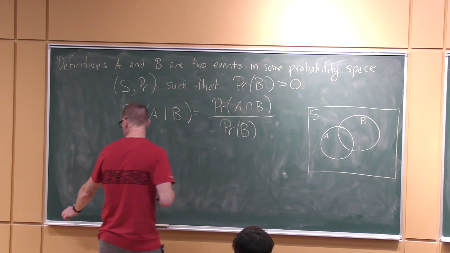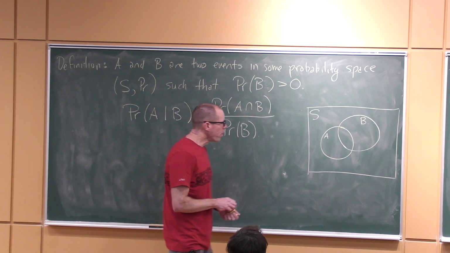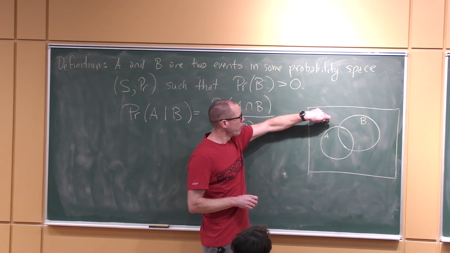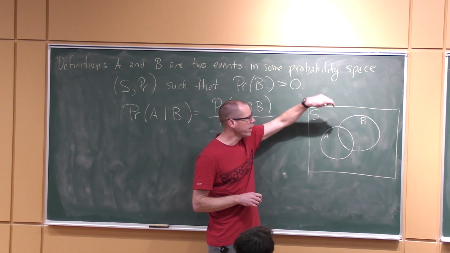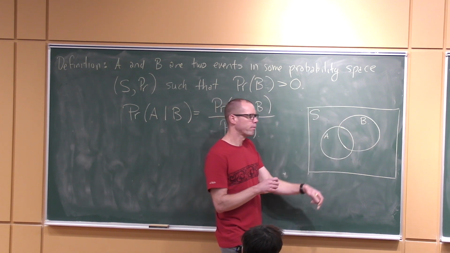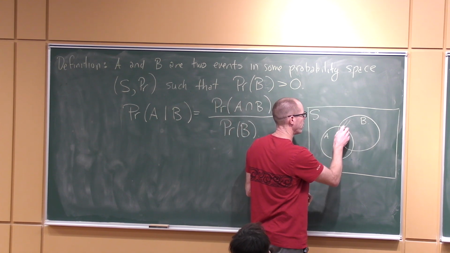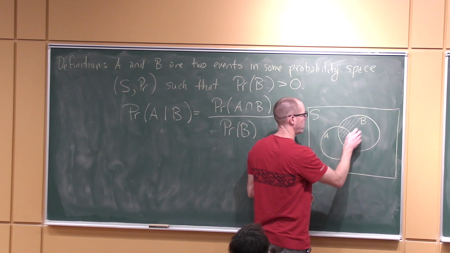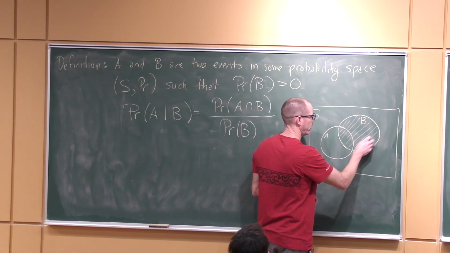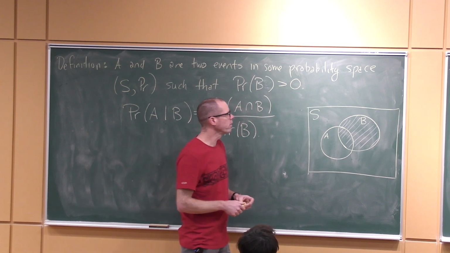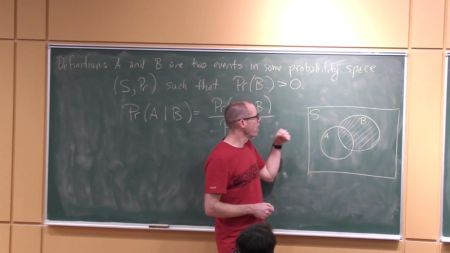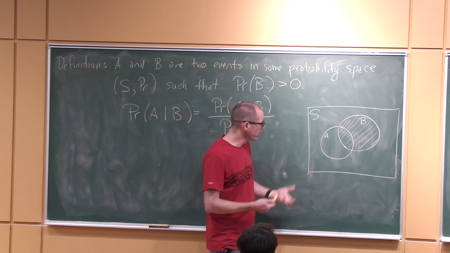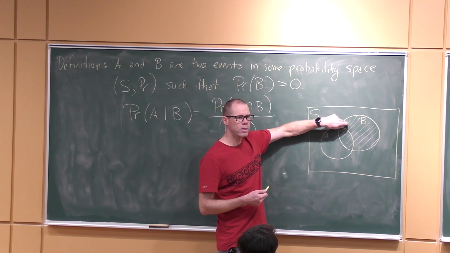What this is supposed to capture is what happens if I restrict myself to runs of this experiment where I get something in B. So really, I run this experiment, I get an element from the set S, and if it's not in B, then I run the experiment again until eventually I get something that's in B.